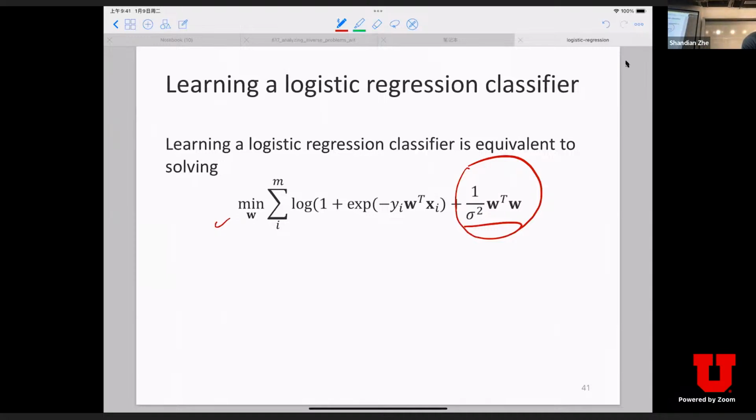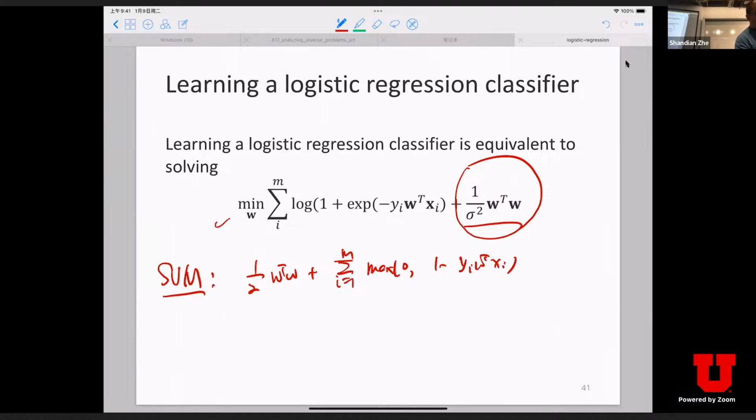Remember, in our SVM objective, it is half W transpose W plus the summation of the hinge loss. This is your SVM objective. So when we do MAP estimation for logistic regression, after several steps of simplification, we return to a very similar form.